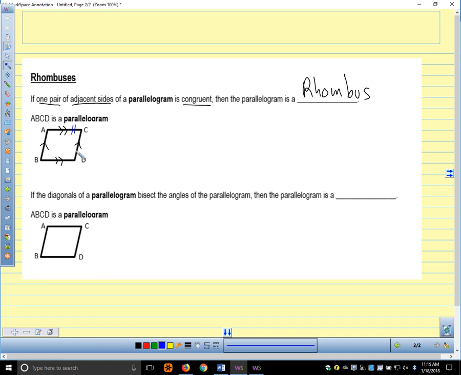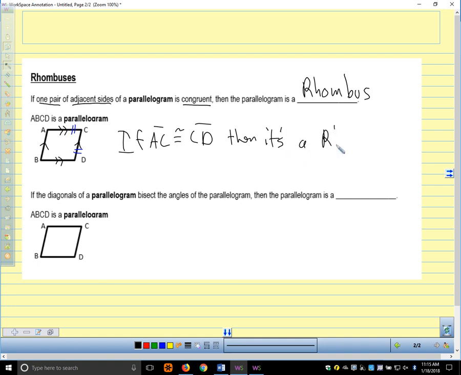So I'm going to mark these two sides congruent. Then it's a rhombus. In symbols, if segment AC is congruent to segment CD, then it's a rhombus. The reason we know it's a rhombus if two adjacent sides are congruent is because we know it's a parallelogram, so opposite sides are congruent. So these two sides would be congruent. Well, these two sides are also congruent, so they're all the same.